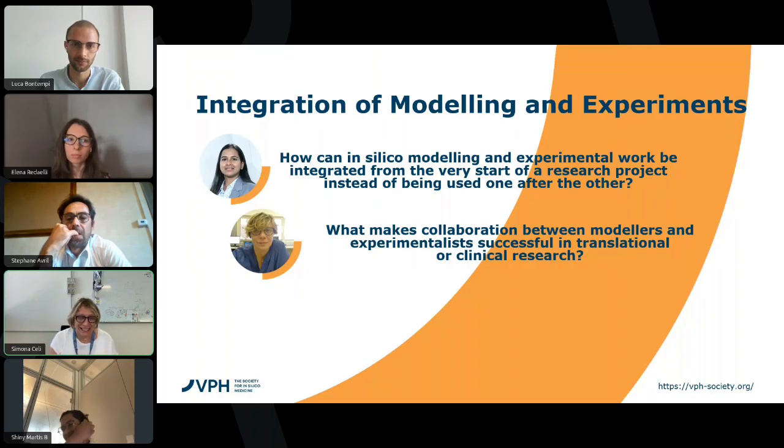And to balance this apparent dichotomy between who is the master and who is the slave, between computation and experimental results, in my lab, thanks to my fantastic collaborators, we try to analyze the same problem from both points of view.